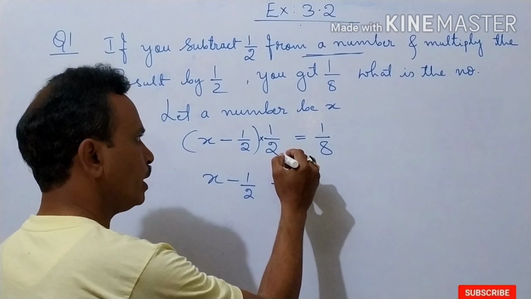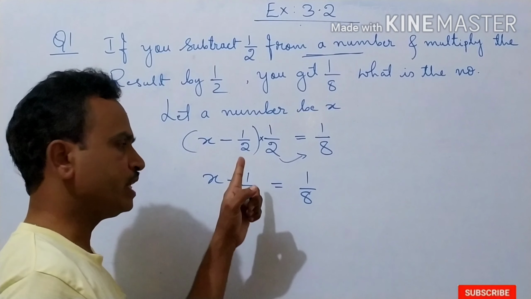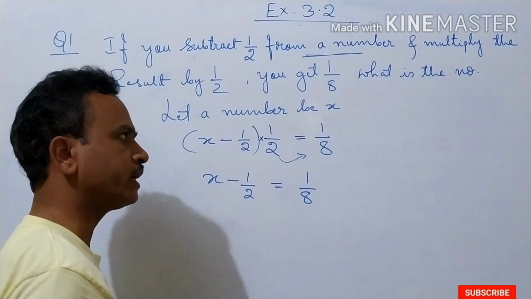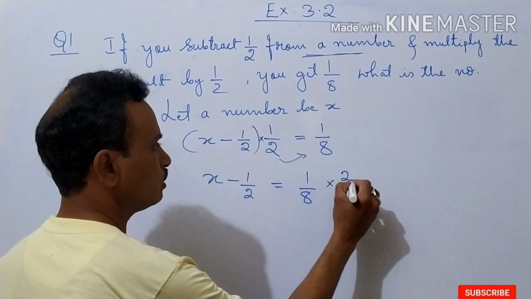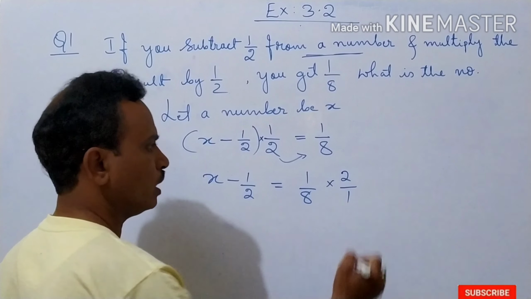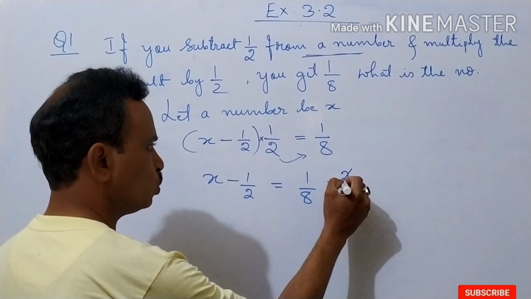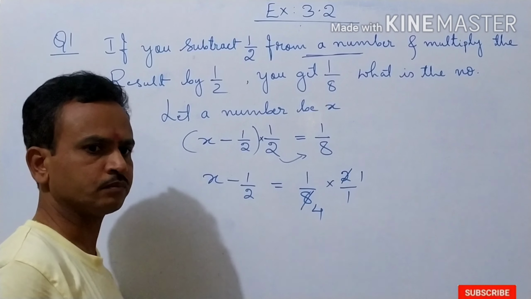Then this 1 by 2 you should take to the RHS side. That means 2 is in the denominator. When you take it to the right hand side, it goes to the numerator. Then 2 by 1. Now reduce it: 2 ones are 2, 4 twos are 8.